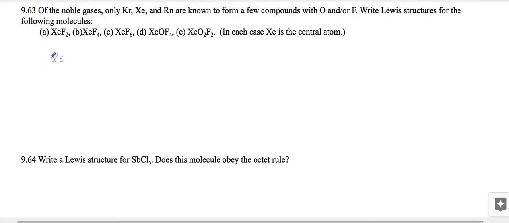Here is xenon difluoride, xenon hexafluoride, xenon, let's see here, fluorine, fluorine, fluorine, fluorine, and what's that oxygen going to do?